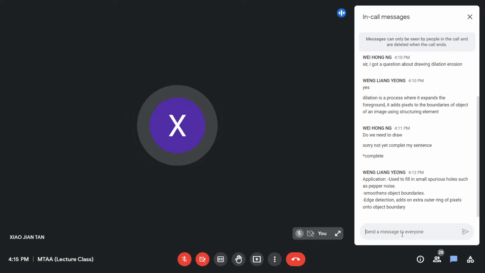I know you meant operation A is dilation, but you did not mention that operation A is dilation. So it's good to start the answer with operation A is dilation, followed by dilation is a process where and so on. Application: used to fill in small spurious holes, such as pepper noise, smoothing, and edge detection.